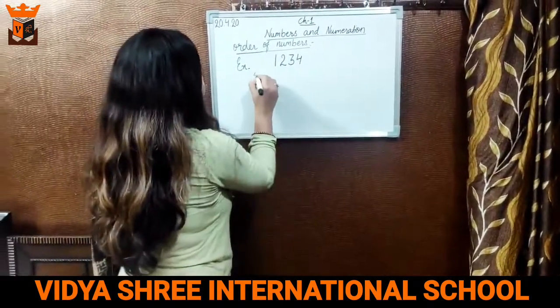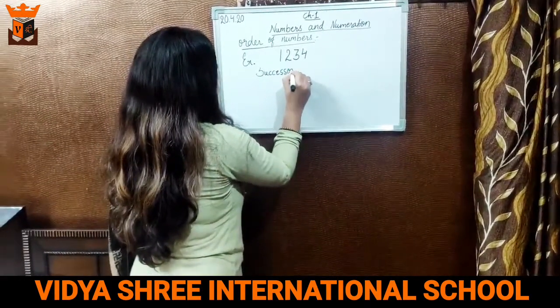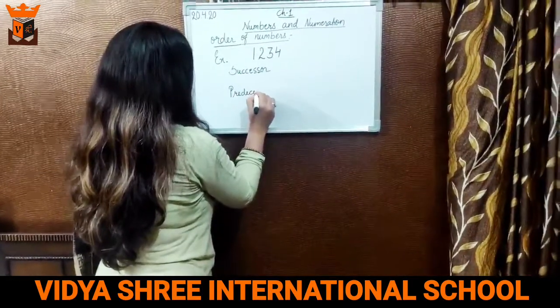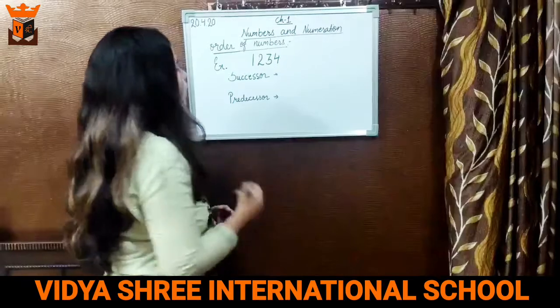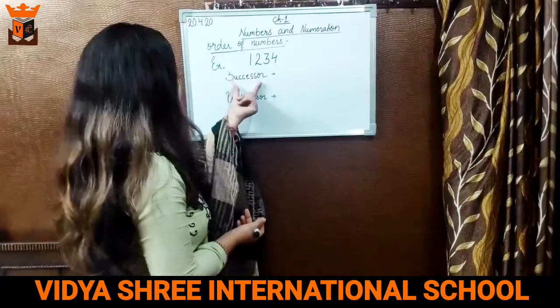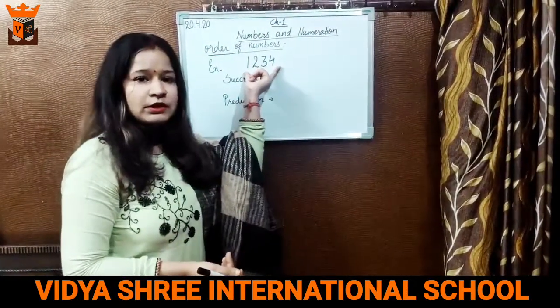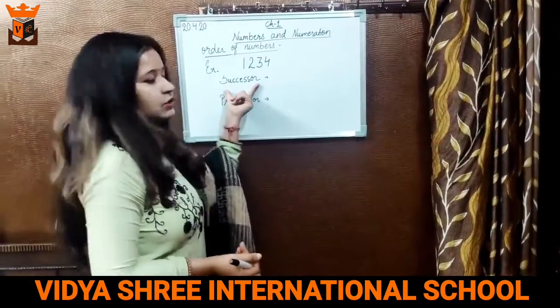Now we have to find the successor and predecessor to know the order of the number. When will we get the successor of any number? Suppose the number given to us is 1234 and we have to get its successor.